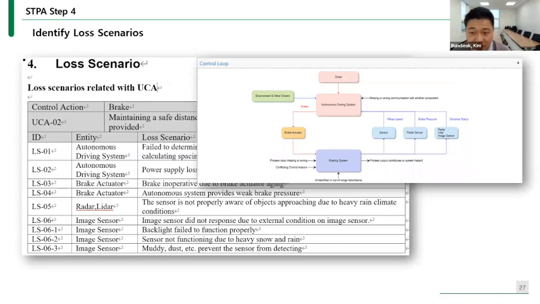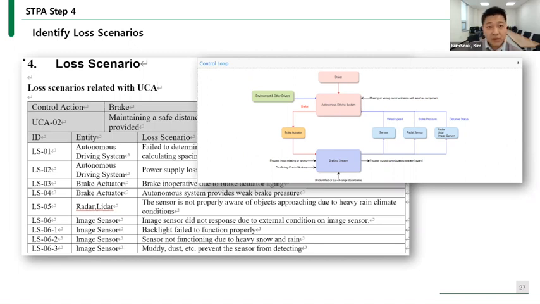The final step is identifying the loss scenarios. Loss scenarios are usually based on the UCA. When you identify loss scenarios, you consider the control loop. It means the region where the UCA occurs. It could be an autonomous system or system algorithm failure on its own.